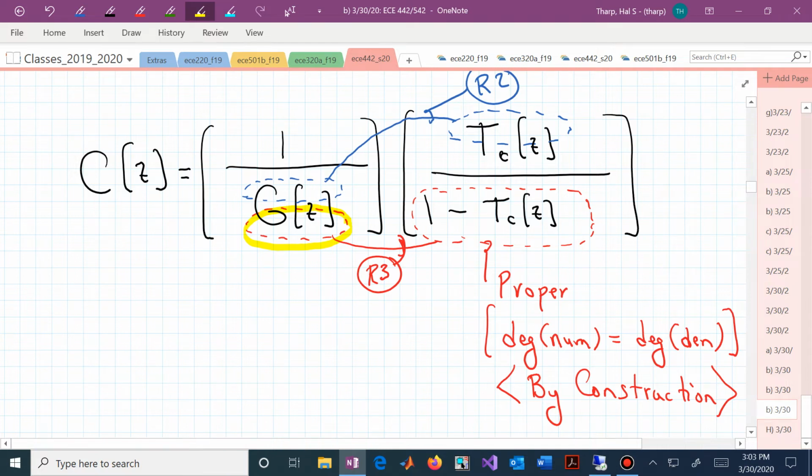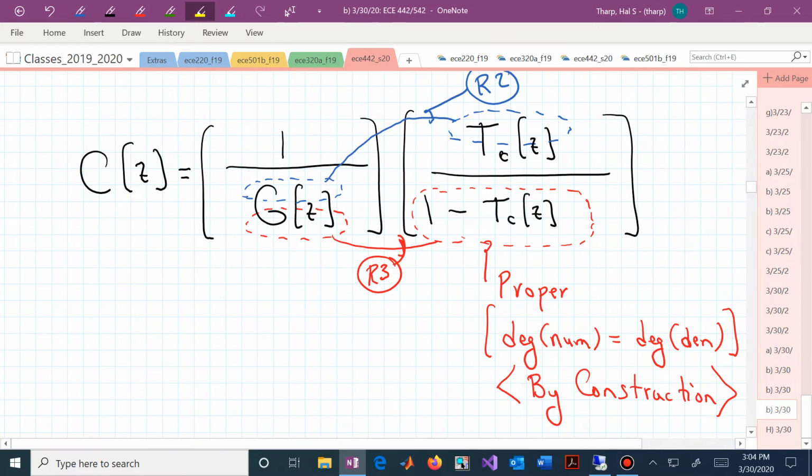So this lower circled location in capital G of z is representing the unstable pole factors in our plant, and we want those to be canceled by 1 minus t sub c of z so that they do not show up in our subsequent build of our controller C of z.